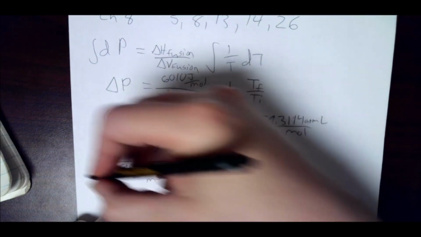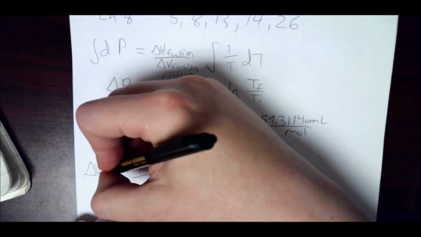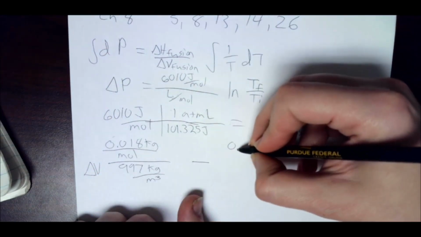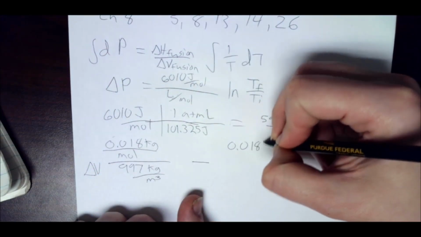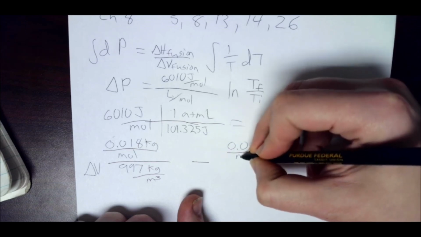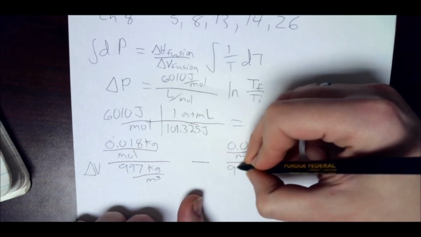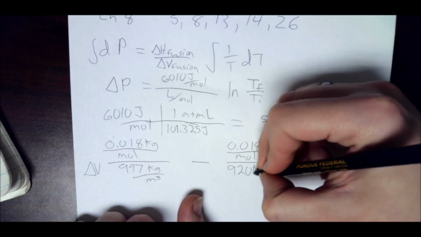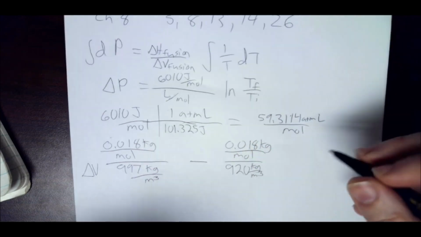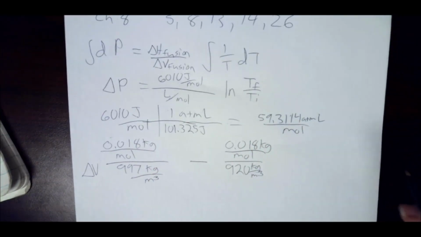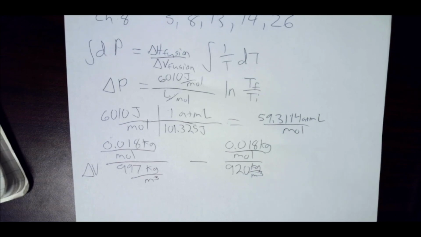And we take the difference, delta V, so 0.018 kilograms per mole divided by 920 kilograms per meter cubed. That'll give you a really small number in moles per meter cubed.